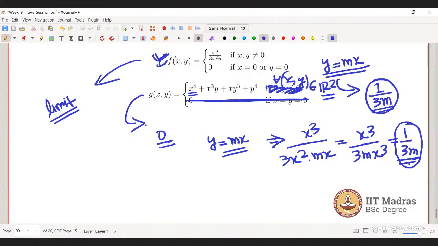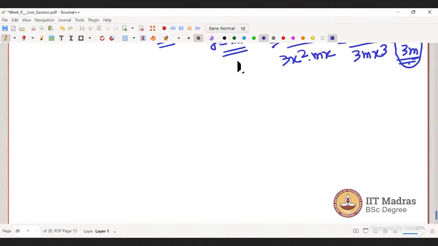But one variable is easy only because you have just two limits, left-hand limit and right-hand limit. In multivariable, you have infinitely many directions.